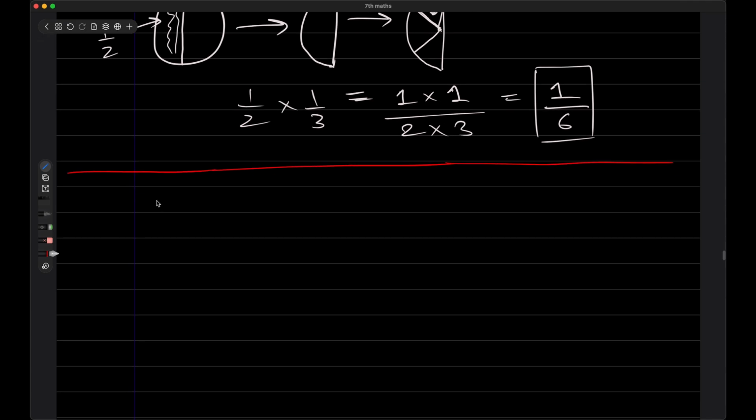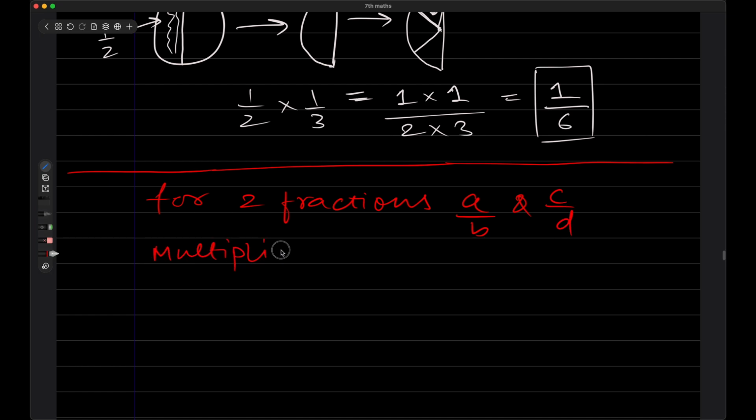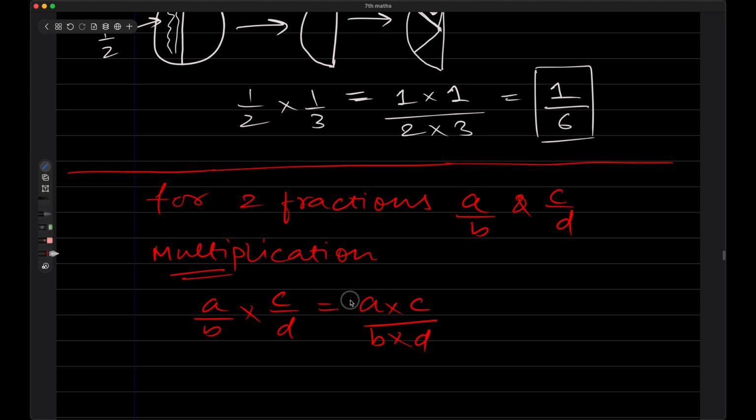If I write here, for two fractions a by b and c by d, multiplication is a into c divided by b into d.